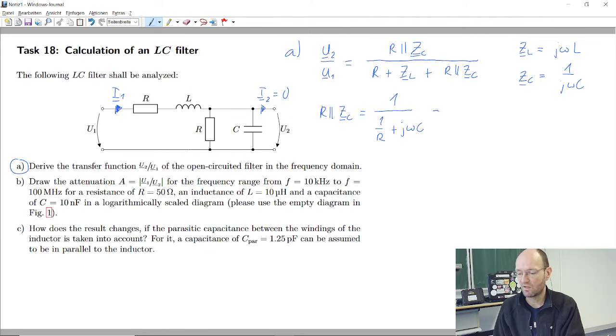But if we expand it with R, then we get R in the numerator, and the R here will cancel, so we get R divided by 1 plus j omega RC. Right? Or we could also write this parallel circuit as the product of the impedances, R times 1 over j omega C, divided by the sum of the two impedances, R plus 1 over j omega C.